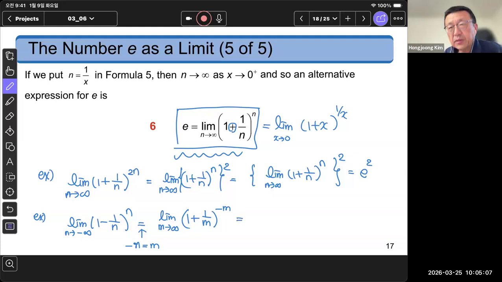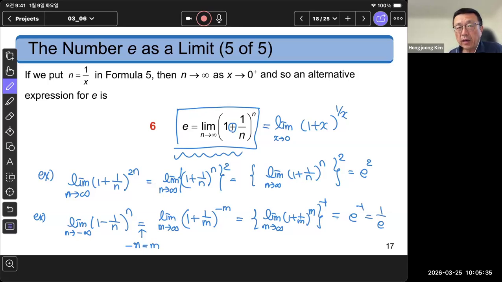Then, as I said, this negative m can be considered as the negative 1 power of the mth power, and the expression inside the curly braces will have the limit of e, so we get 1 over e as the final limit, right? So anyway, that's some example of Formula 6.